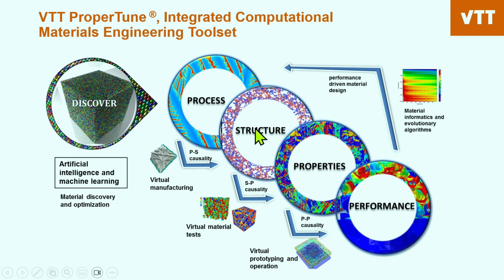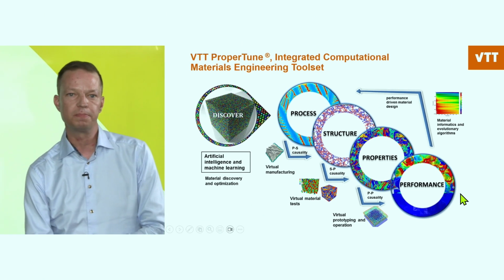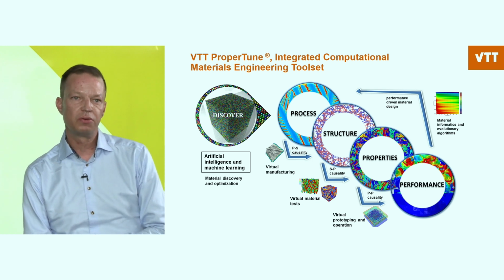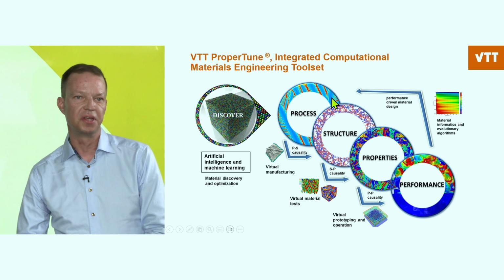The microstructure, again, dictates all the properties that the material has. And of course, the properties fully determine the performance of your material solution. So basically, you can look at different steps or go, for example, from a performance requirement and back engineer it to properties, to structure, to process, and so forth.